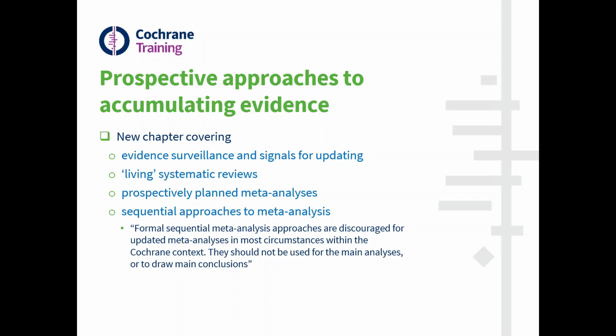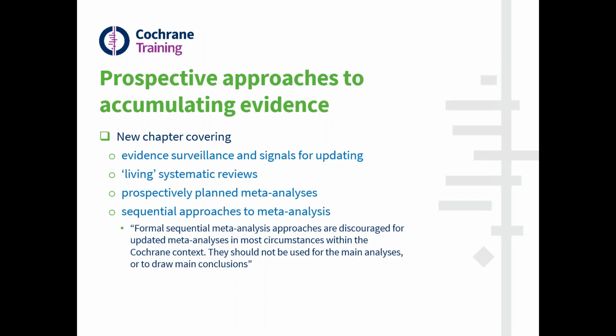So we talk now about evidence surveillance and signals for updating. This is a more general discussion than is made in the more specific chapter in the online-only part of the handbook that's about updating Cochrane Reviews. We also say something about living systematic reviews and a little bit about the technology that we expect to increasingly allow us to keep on top of the evidence as it accumulates.